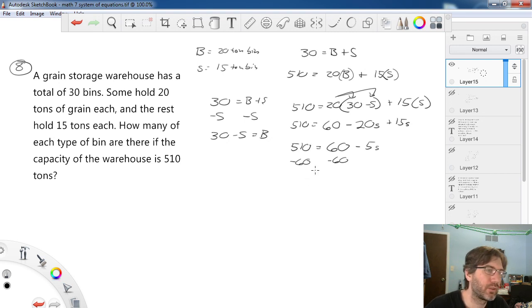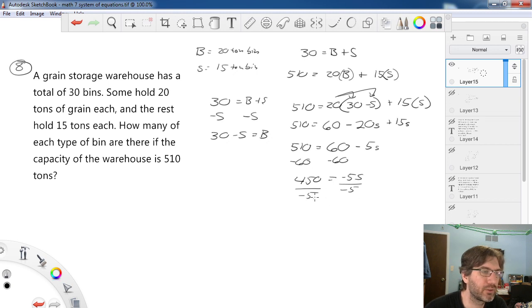Let's see, 510 minus 60 is going to be 450, but let's see something else here. This is getting me 450 equals negative 5s, but then this is going to give me a negative answer for s, which does not make sense.